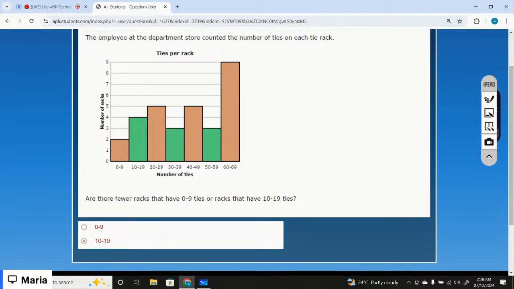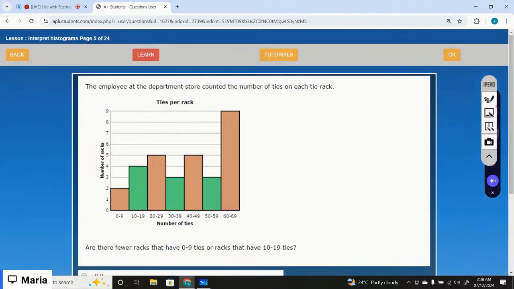The correct option is 0 to 9. 0 to 9 have the fewer racks.